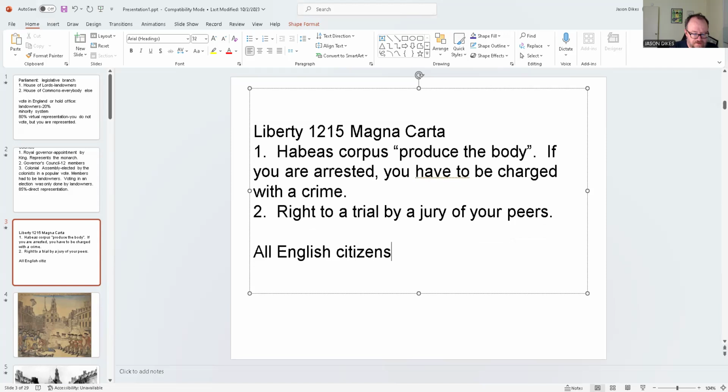All English citizens have these rights. So if you were an English citizen living in India, you had these two rights. If you were an English citizen living in the Bahamas, you had these rights in British Bahamas, of course, and British India. And if you lived in the English colonies of America, you had these two rights. Okay.